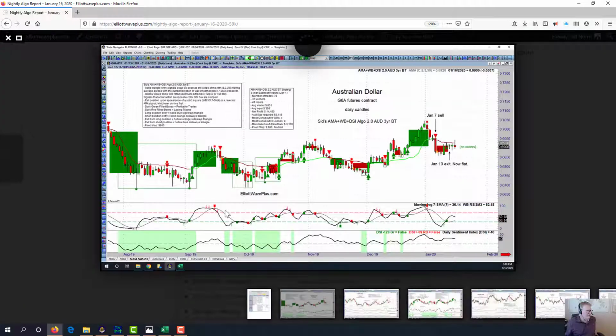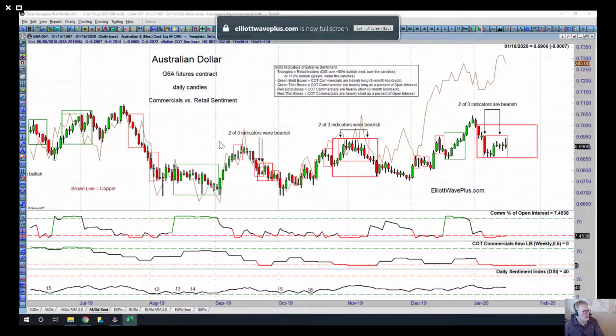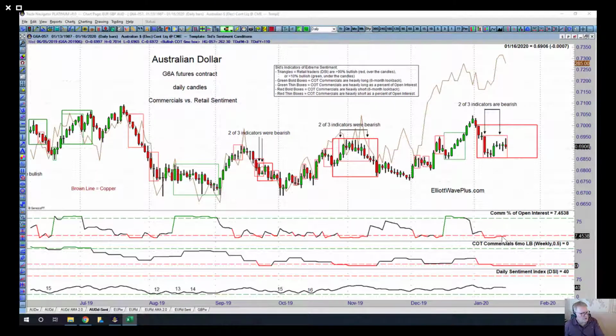And then, of course, you have the individual screenshots of each item. Like on the Australian dollar, you get a daily screenshot that shows you the signals. And you also get a commercials versus retail sentiment screenshot. You can see on this one right here that the commercials are heavily short the Australian dollar, whereas retail traders are right in the middle.